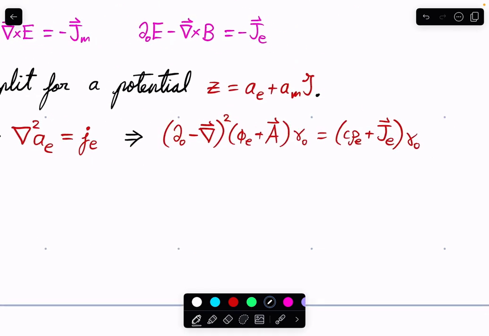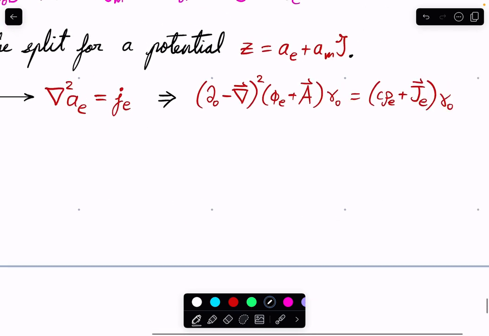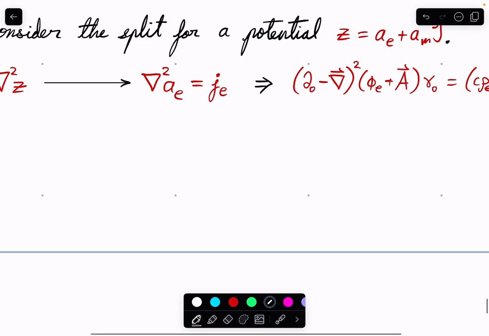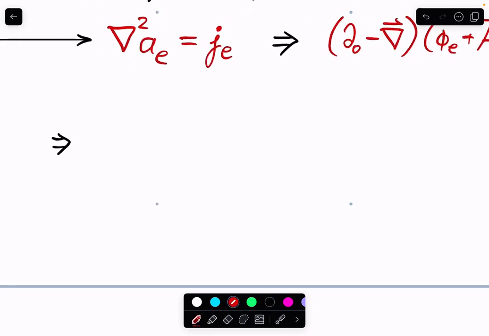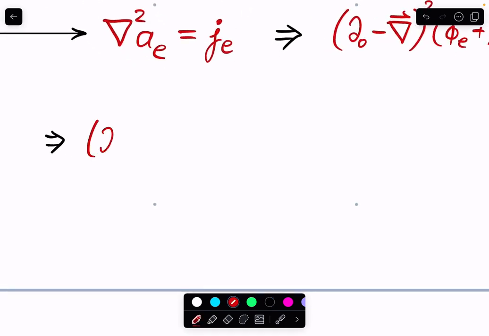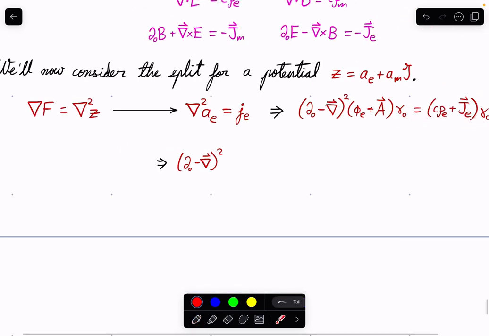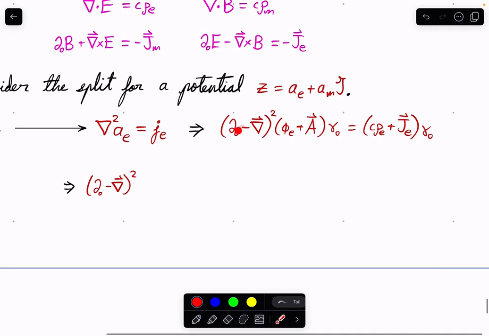So we have these two things, which then, again, there's a factor of gamma on both sides, so we can cancel. This implies that you have two equations: you're only going to have the Laplacian of a scalar giving you a scalar, and then the Laplacian of a vector giving you a vector.